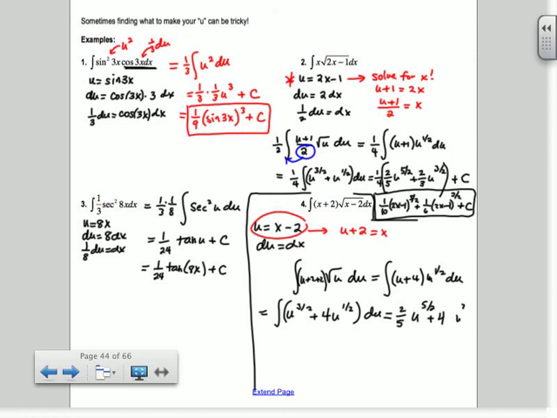So you say, what do you take the derivative of in order to get secant squared? Tangent. So you have 1/24 tangent of u plus c. So 1/24 tangent of 8x plus c. And that's it.